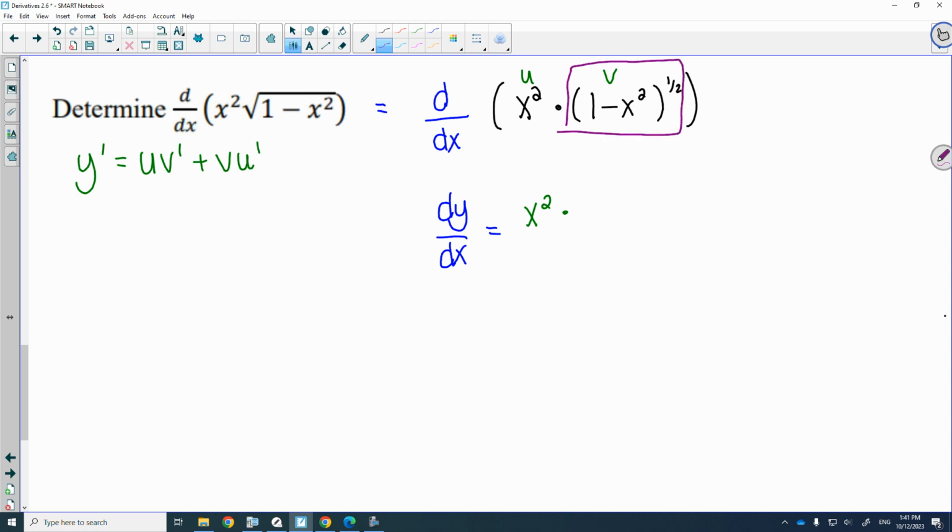and v prime, taking the derivative of this function, it's going to be chain rule. So bring that 1 half in front, (1 minus x squared), 1 half minus 1 is negative 1 half, and then take the derivative of the inner function. The derivative of the inner function would be this negative x squared. If you bring that 2 in front, it would be negative 2x.